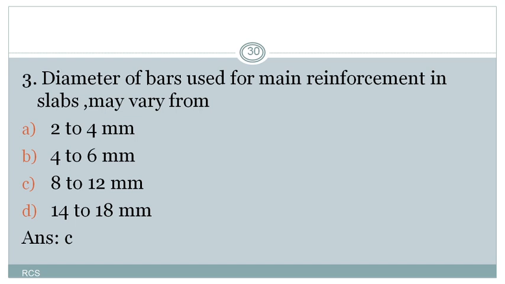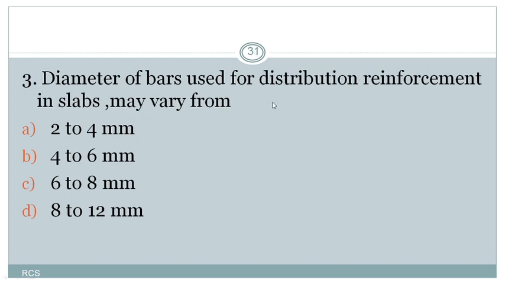That condition we will also check. Next, the diameter of bars used for distribution reinforcement in slabs may vary from 2 to 4 mm, 4 to 6 mm, 6 to 8 mm, or 8 to 12 mm. Generally, it varies from 6 mm to 8 mm. So option C is correct.